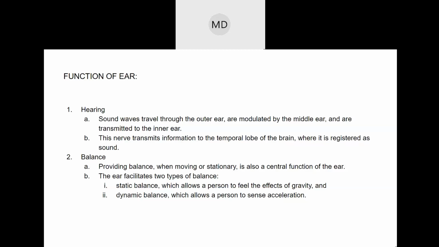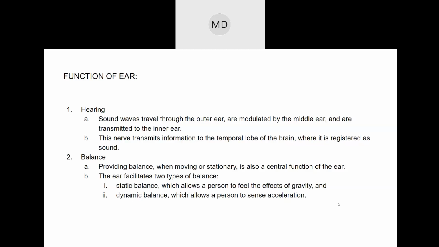Is it clear? For example, static balance: you can stand up and you can walk. How can you walk? Because you can sense gravity, the gravitational pull of the earth. That is why you can walk straight up. So that sensing of gravity is the static balance.